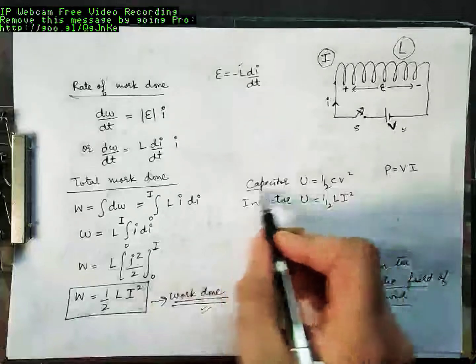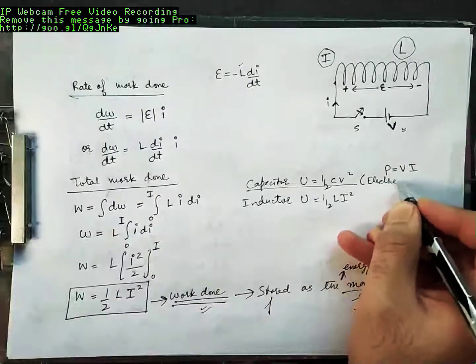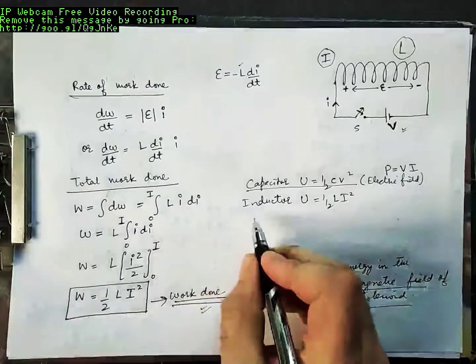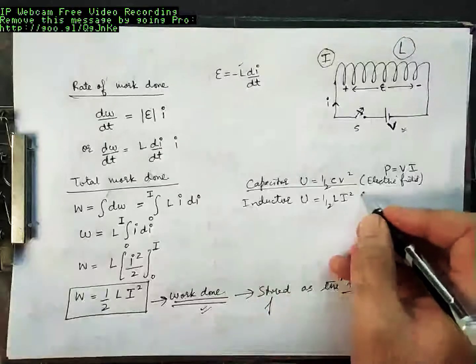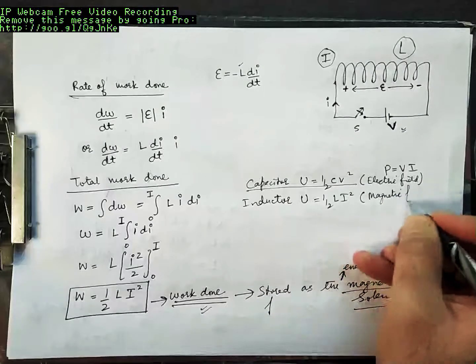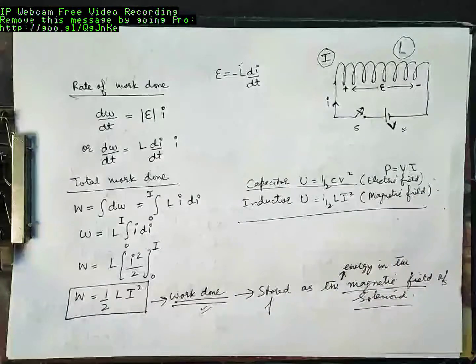In a capacitor, this energy gets stored in the electric field between the plates. In an inductor, this energy gets stored in the magnetic field of the solenoid, or magnetic field of the inductor. Fine.